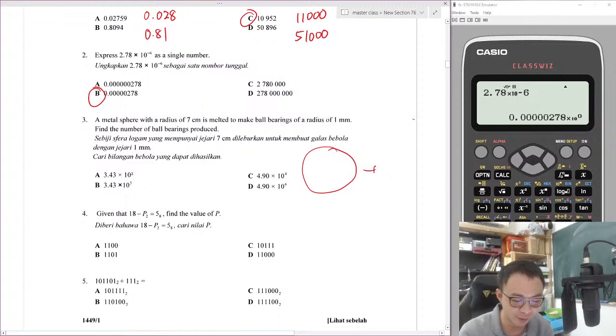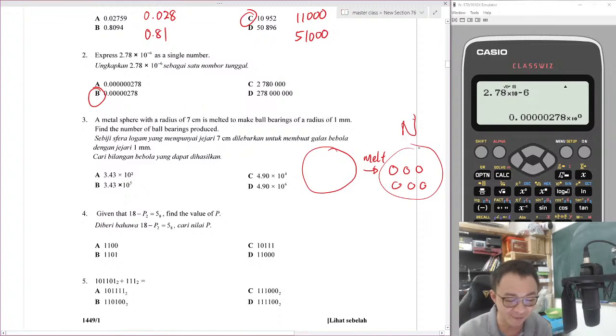I want to melt it, and then it will become lots of small spheres. They asked me to find the number of balls, which is n number of small balls here, or small spheres here.